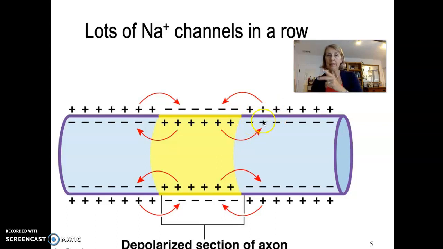It's going to flip, and this is now going to become positive and this negative. This will become positive and that negative because it's affected by the region before it. It can't affect it backwards because those channels have to reset, and it takes a while to reset before they can do it again. So it will only travel down, away from the soma.